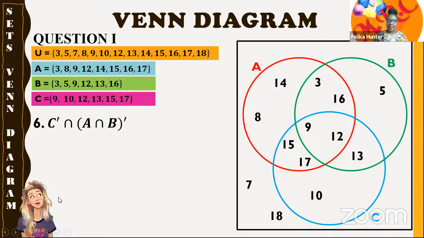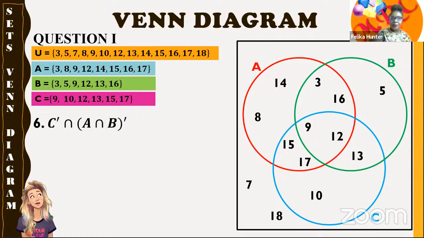Complement is basically saying that you're going to find everything that is in my set C, and then the complement is everything in the main big set, the universal set, that is not in C. So when it comes down to complement, you're always making reference to the universal set, to see what is not in the set that you have identified.